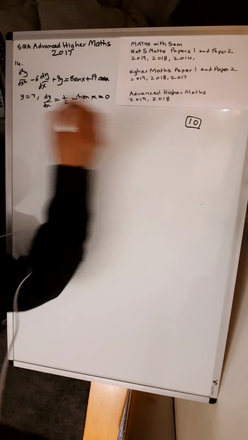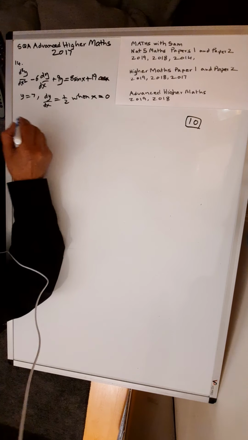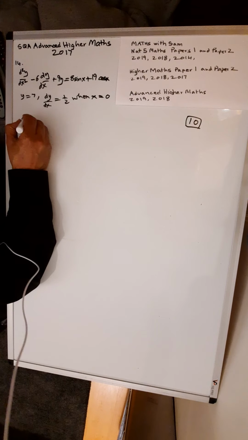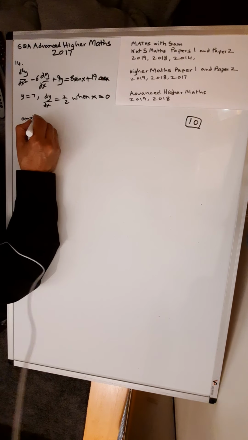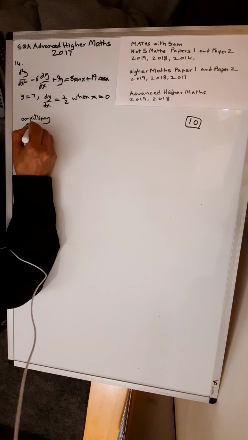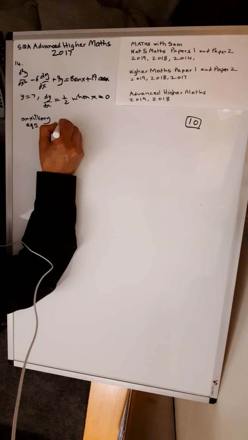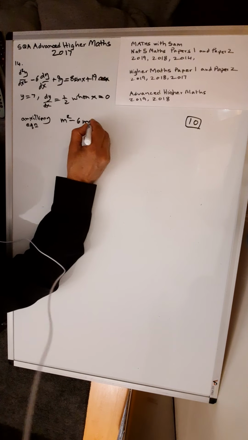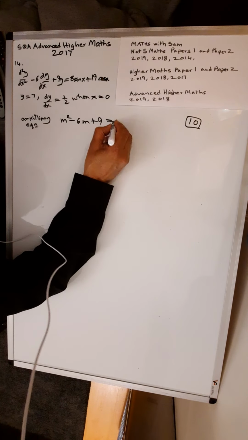So you write this first differential equation as an auxiliary equation. Auxiliary equation: m squared minus 6m plus 9 is equal to 0.